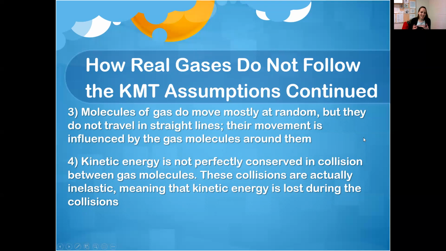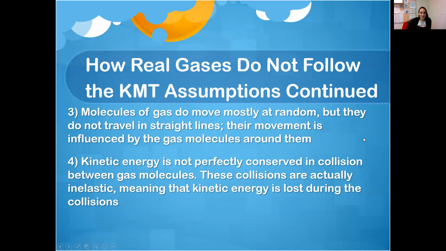And lastly, we said the kinetic energy would be perfectly conserved, that the collisions between gas molecules would be elastic. That's also not true. Those collisions are inelastic, meaning that some of that kinetic energy is lost, which of course we already know from physics in Science 10. According to the second law of thermodynamics, you can never have a perfect conversion of one type of energy to another.